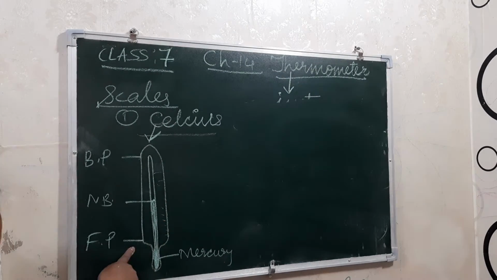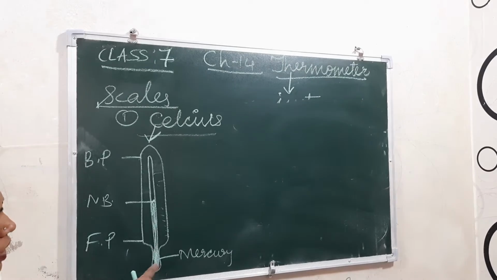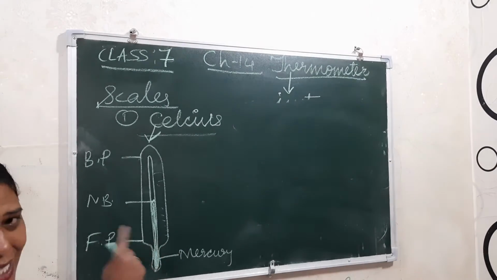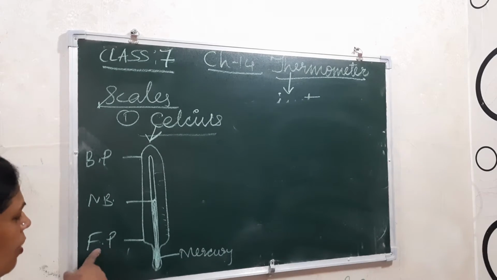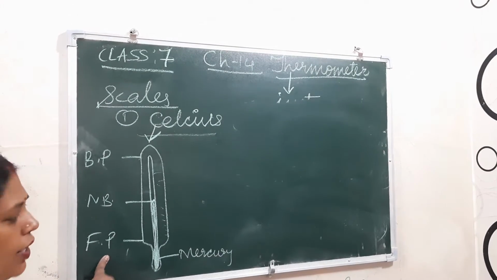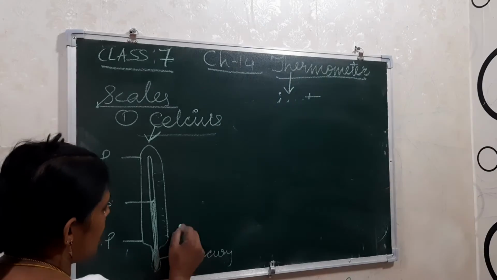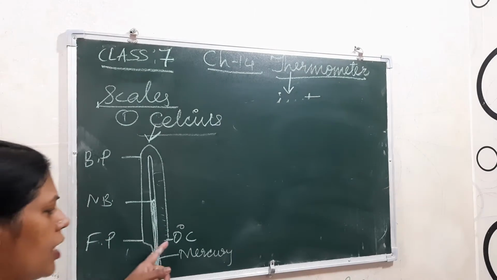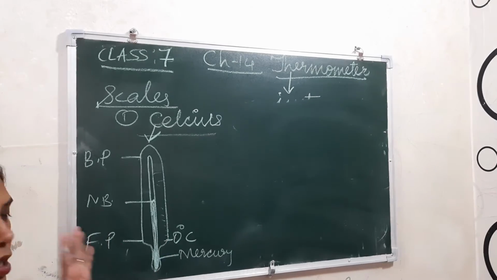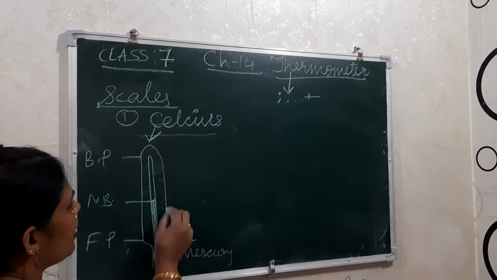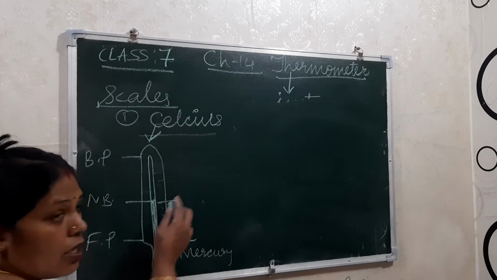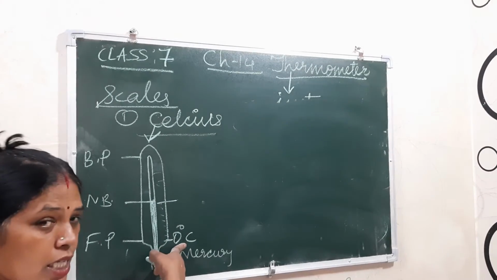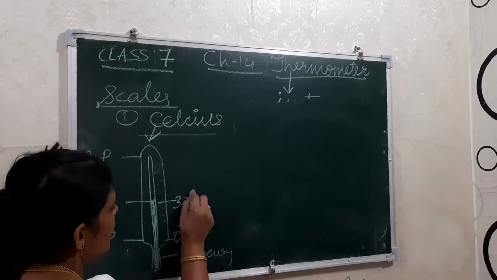So see, this is actually the diagram of the Celsius thermometer. We are taking the measurement on this scale, the Celsius scale. The freezing point is 0 degree Celsius. At 0 degree Celsius, things start to freeze. The human body's normal temperature in Celsius is 37 degree Celsius.